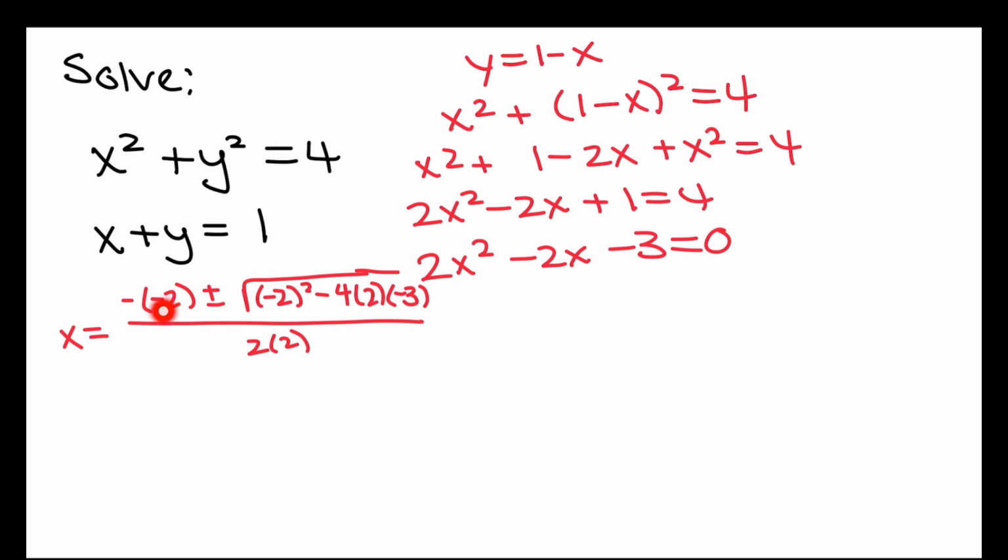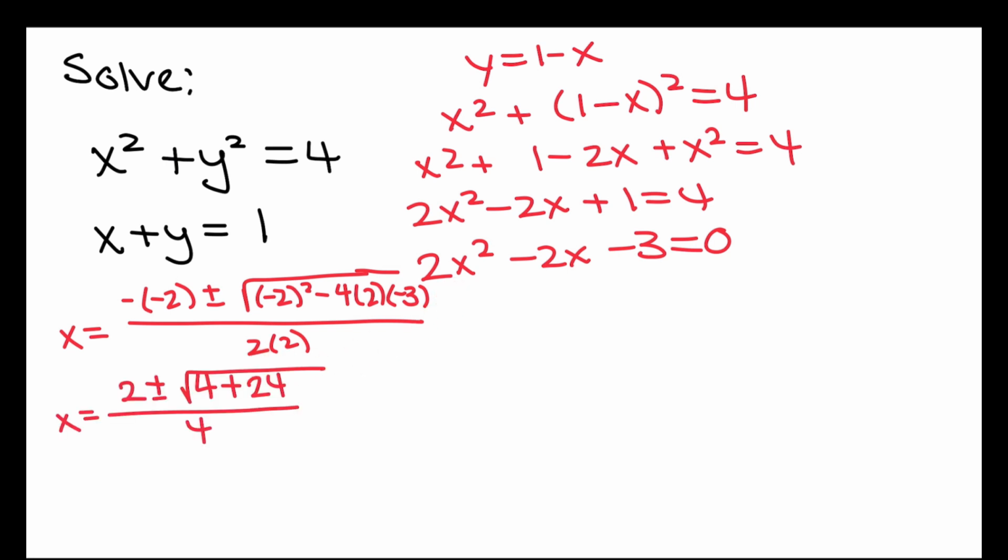x equals negative b plus or minus the square root of b squared minus 4 times a times c, all over 2 times a.